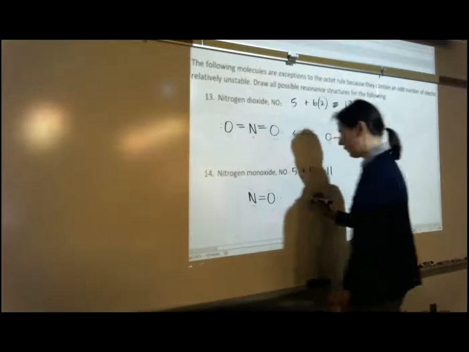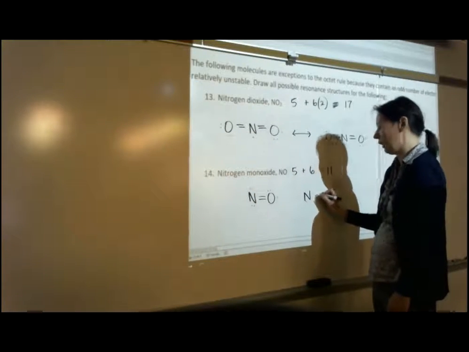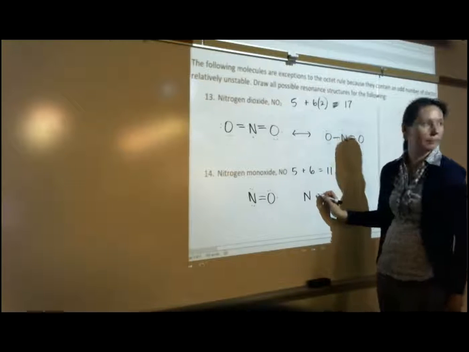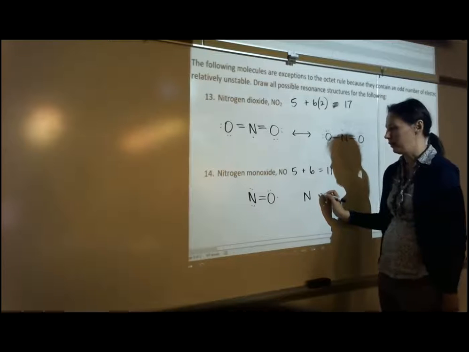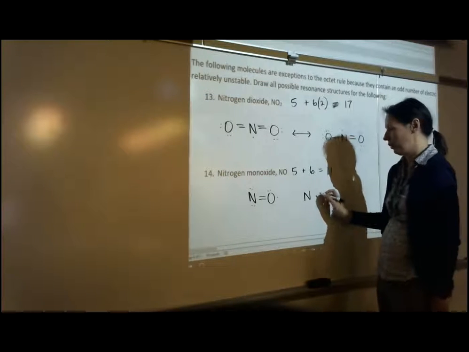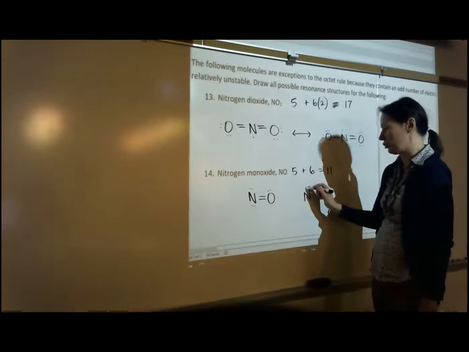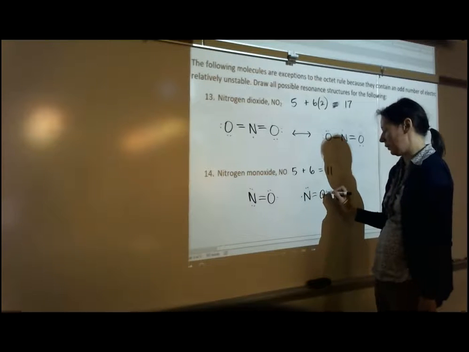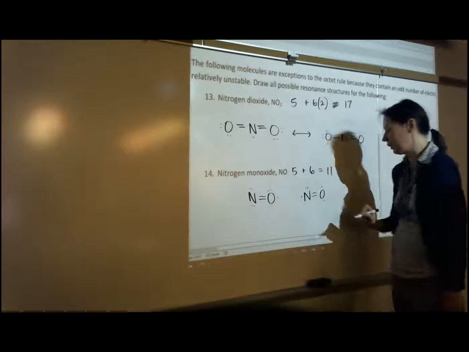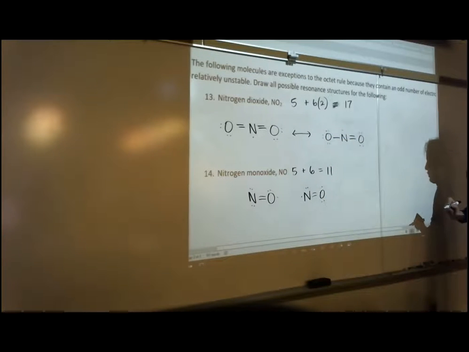Maybe you could come up with an option where you had, what other options did you come up with? Did anyone come up with a permutation where the lone electron's on nitrogen? Yeah. That one would work. What other options did you come up with?